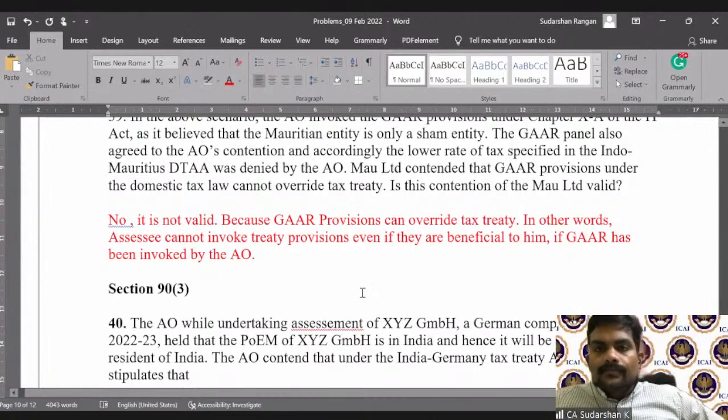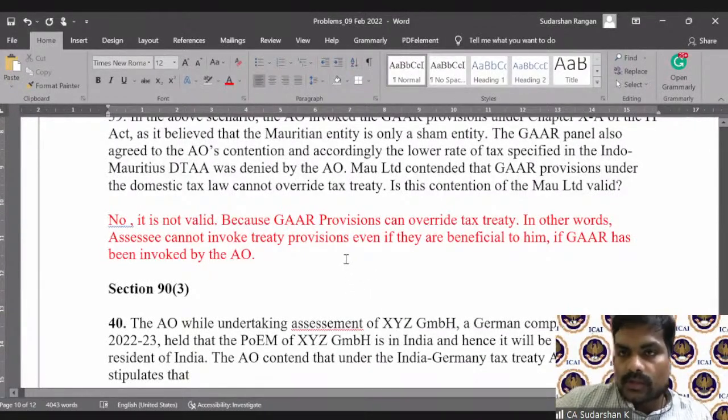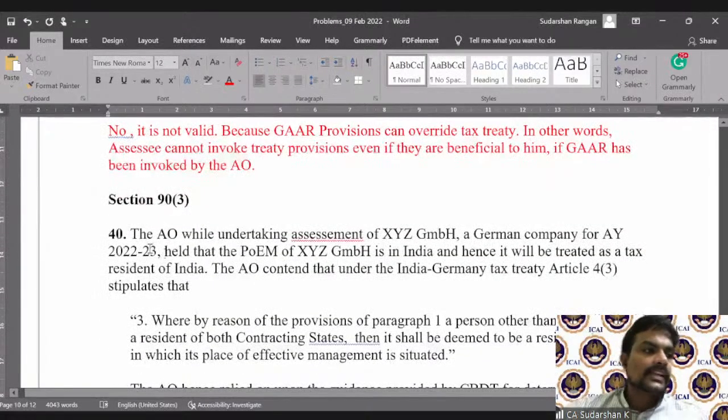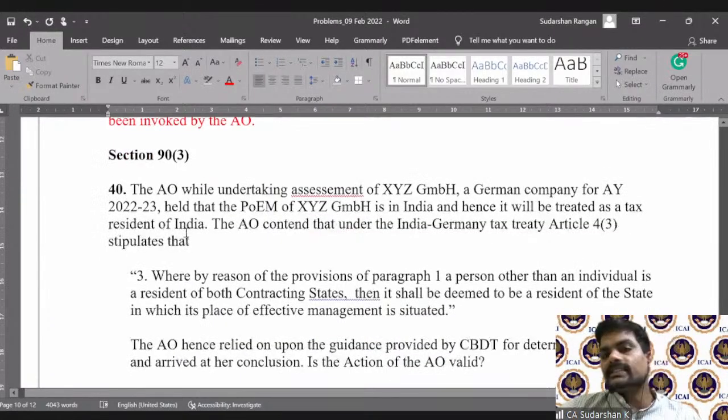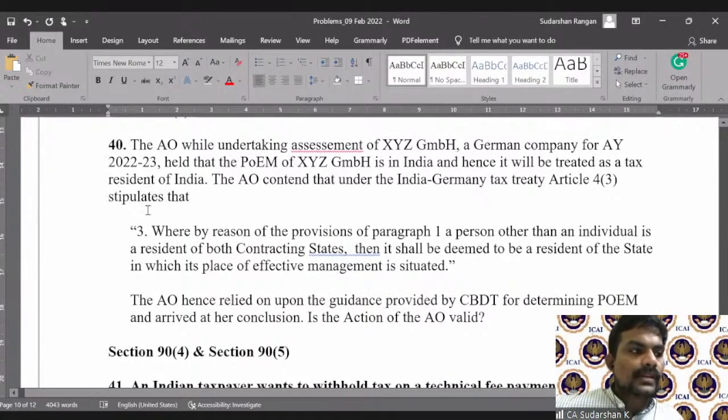Now, having looked at the benefit available under the treaty, when it can be invoked, and when it can be denied through GAAR, one more aspect that we need to look at is section 90, subsection 3. Now, what does it say? Just look at this question number 40.